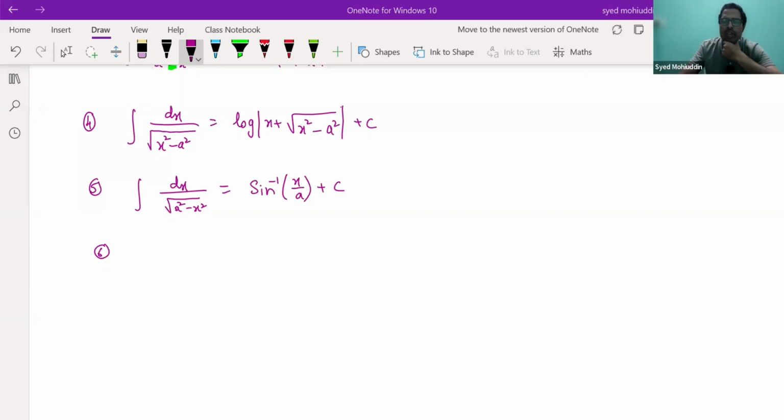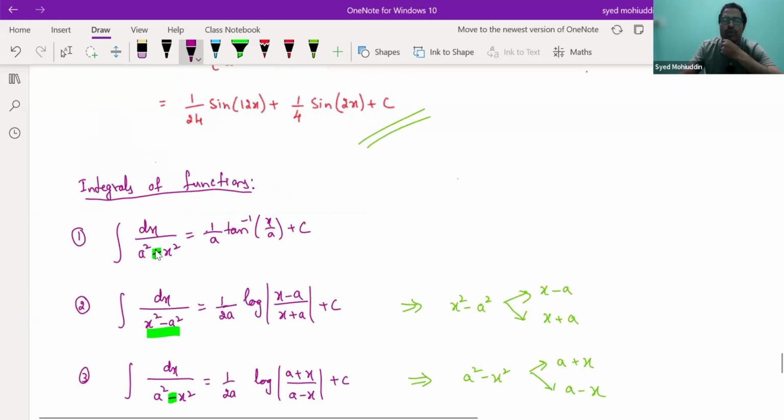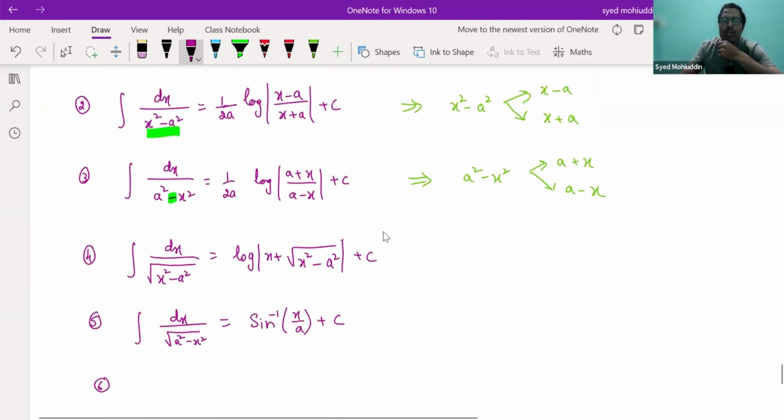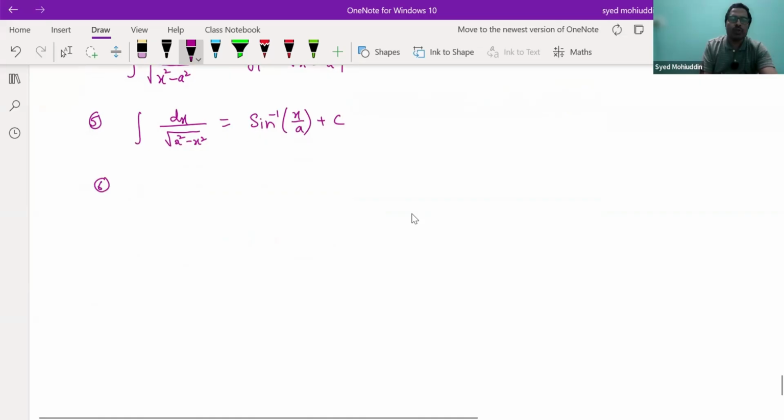Coming to another formula: in the first formula I took a square plus x square without the square root, and for all the others I put the square root. Now let us put the square root on a square plus x square. Then we get the integral of dx by under root of x square plus a square.